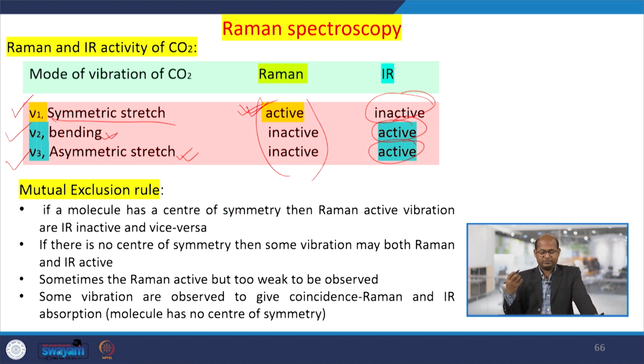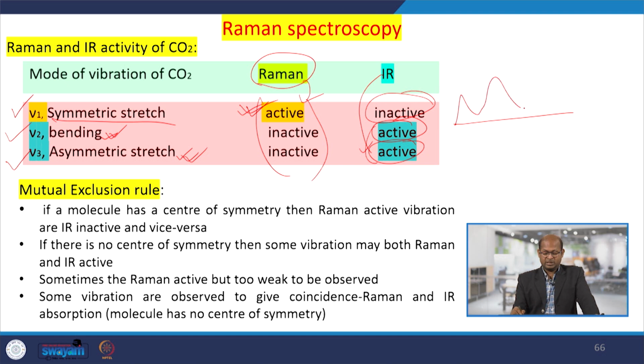So if a compound has symmetric stretching, asymmetric stretching and bending, three types of vibrations we can get. Out of that, a few pieces of information we can get with the help of Raman, and these are the pieces of information we can get from IR. Let us see molecules having three different vibrations.